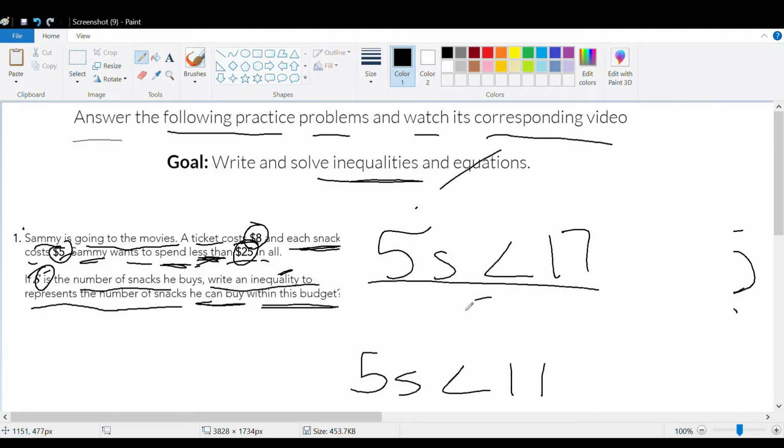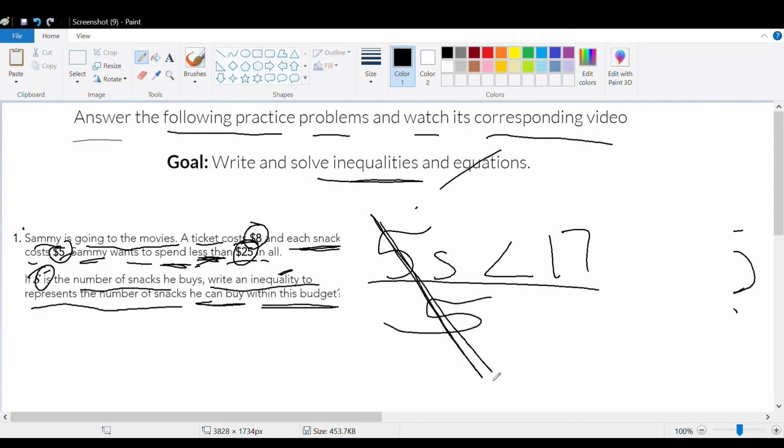We have to divide by 5 on both sides because we want to isolate that s as much as possible in order to get its value essentially. So we divide both sides by 5, and when we do that, this 5 gets canceled, this 5 gets canceled, so we're left with s less than 17 divided by 5.